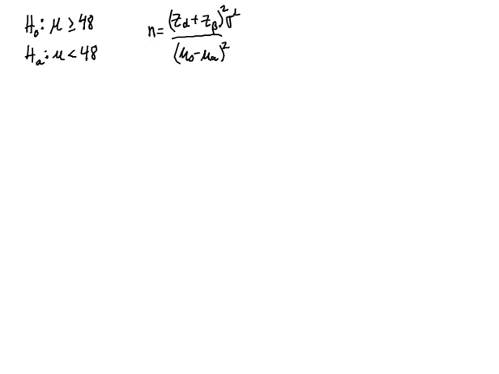Alpha is 0.01, so if I look that up, that's going to be a lower tail test. So they want, though, the Z alpha is the area of 0.01 in the upper tail. In other words, they want a positive Z value there.